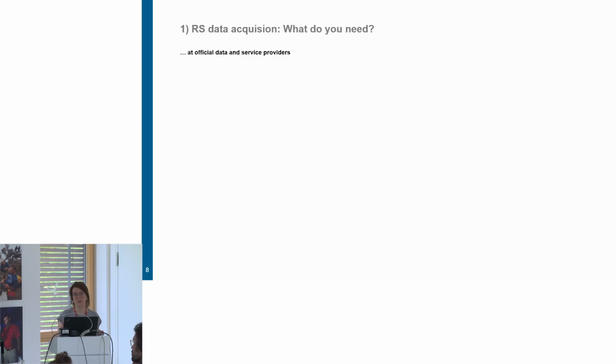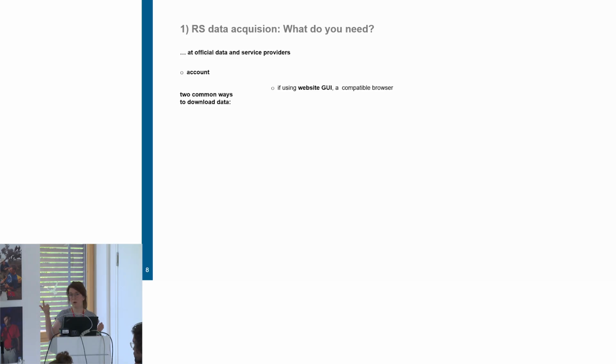So what do you need to get access to that data? First, you need an account. Usually they have a website and you have to register yourself with an email address and a password and give some personal information, maybe where you are working and what you're using the data for, scientific purpose, commercial purpose, whatever. And then there are two common ways to download the data. One is using a GUI.